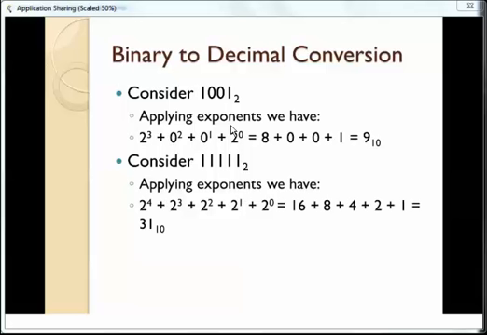So 2 to the fourth power, and then moving to the next one, we have 2 to the third power, 2 to the second power, 2 to the first, and 2 to the 0 power. Performing each of these calculations separately, we have 16 plus 8 plus 4 plus 2 plus 1 gives us a final value of 31. And again, subscript 10 because we're dealing with decimal numbers in this case.